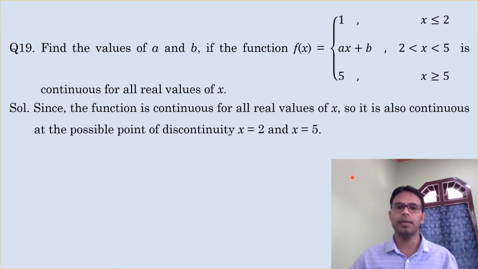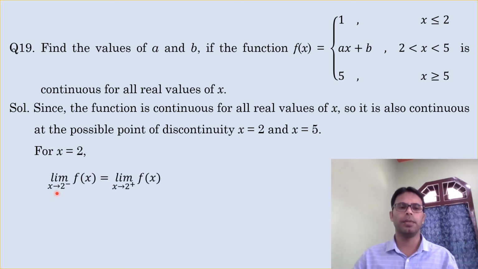So we write that line. For x equal to 2, the left hand limit and right hand limit should be equal. So the limit as x tends to 2 minus and the limit as x tends to 2 plus should be equal, because it is continuous at all real values. So it will also be continuous at 2 and 5. For the limit as x tends to 2 minus, meaning less than 2, the function is 1.